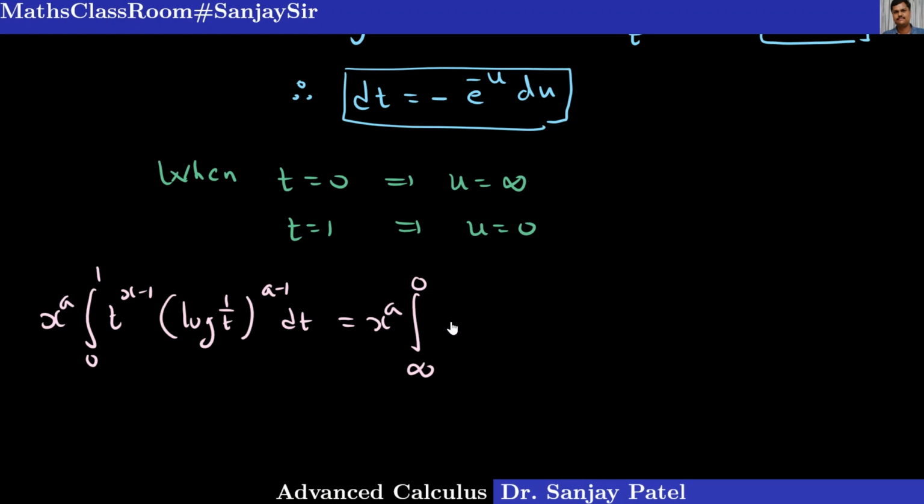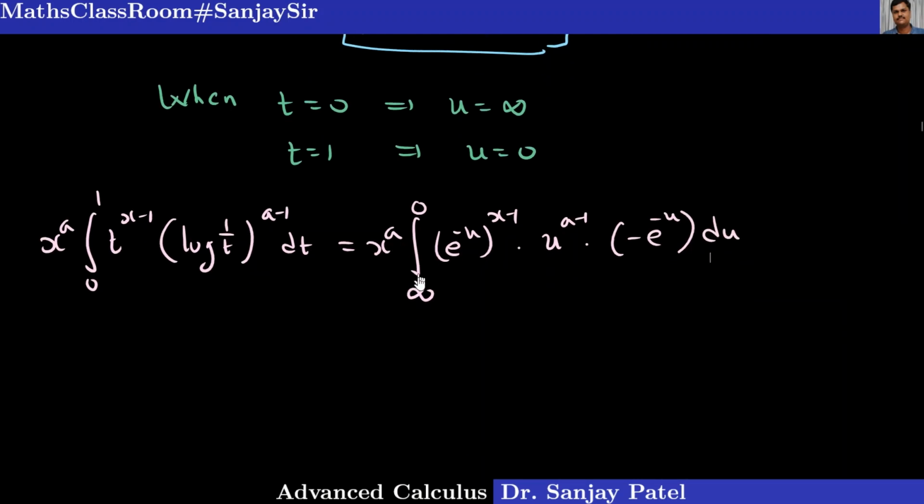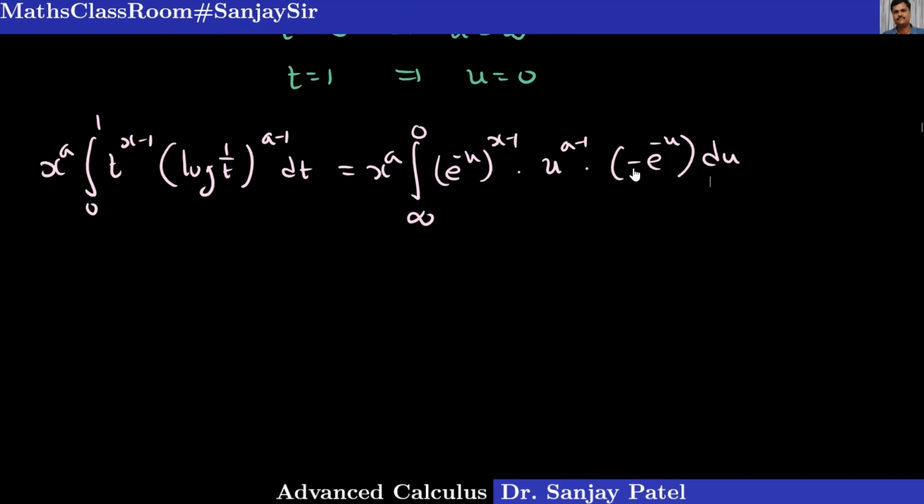T is e raised to minus u, so we'll get e raised to minus u raised to x minus 1. We have taken log of 1 upon t as u, so this is u raised to a minus 1, and dt is minus e raised to minus u into du, right? And interchanging these limits will make this sign plus.